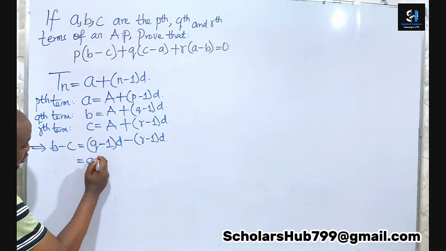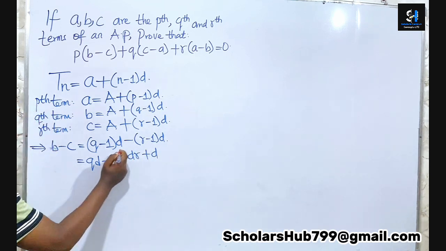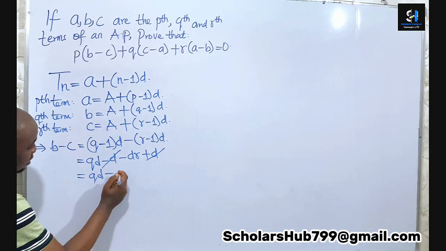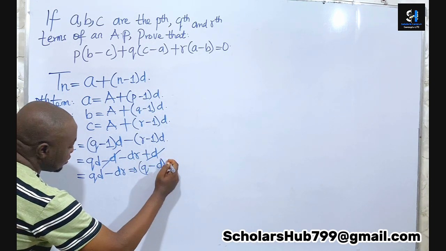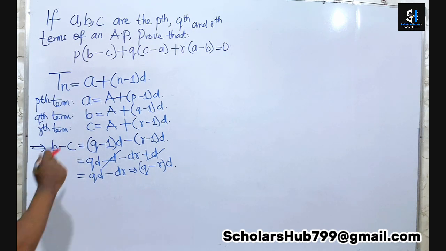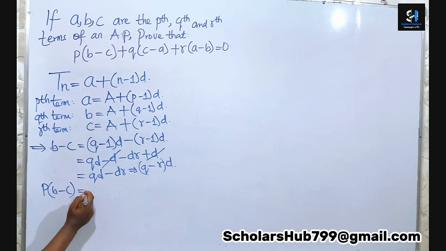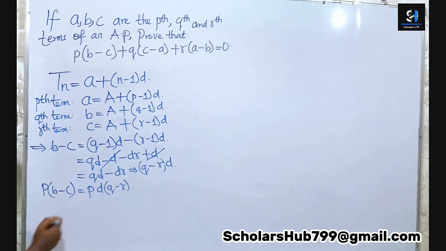In this case, we're going to have qd minus d, then minus dr plus d. Negative d plus d will be 0. So we have qd minus dr, which will be (q minus r) multiplied by d. So when we multiply b minus c by p, to obtain the expression for p(b minus c), we're going to have pd(q minus r).